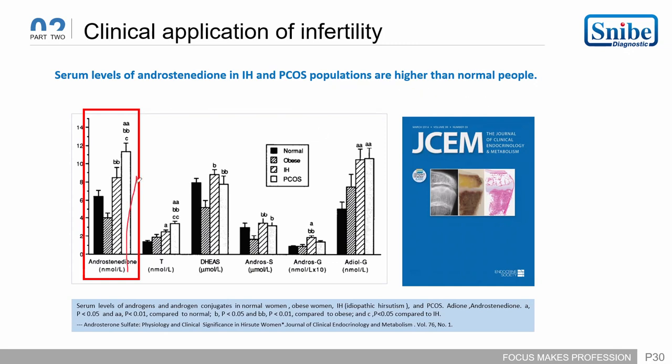So the androstenedione serum levels in normal women are compared to obese women, the idiopathic hirsutism and the polycystic ovarian syndrome cases, you can see here. And then the p value is 0.05 and 0.01, and on the basis of that, you can see that the androstenedione levels in idiopathic hirsutism and PCOS populations are higher than the normal value.